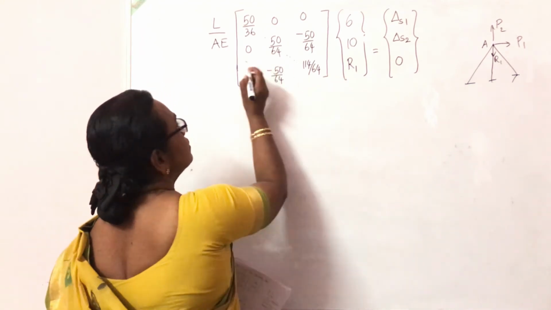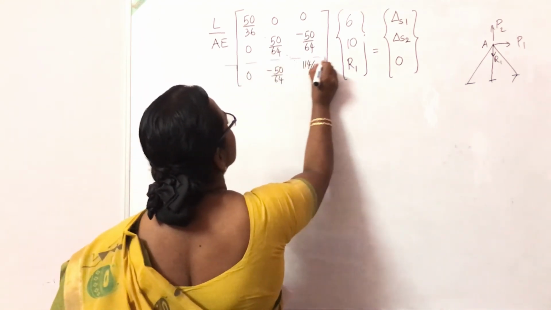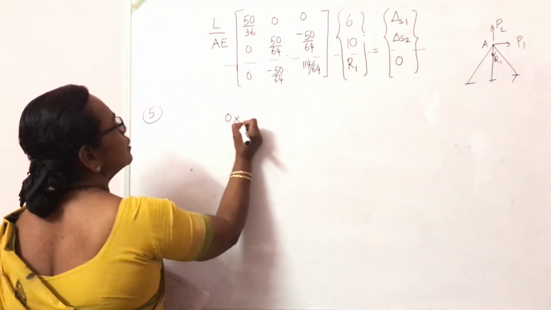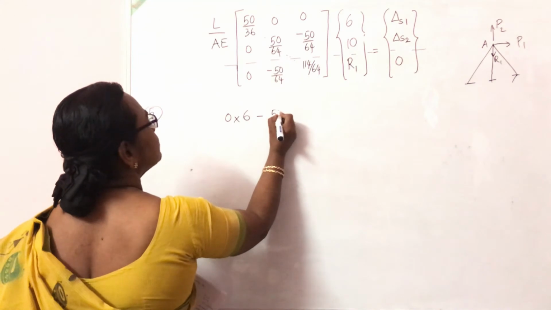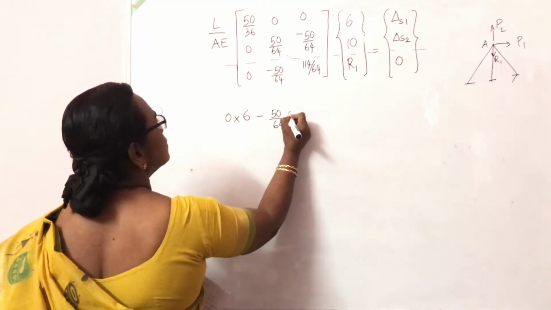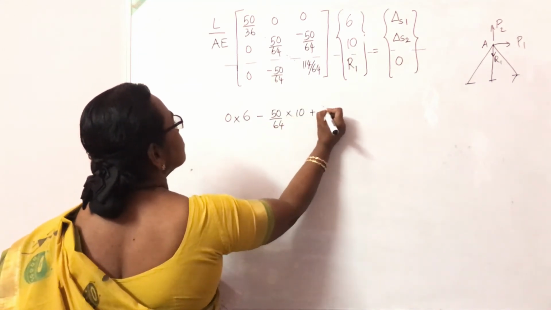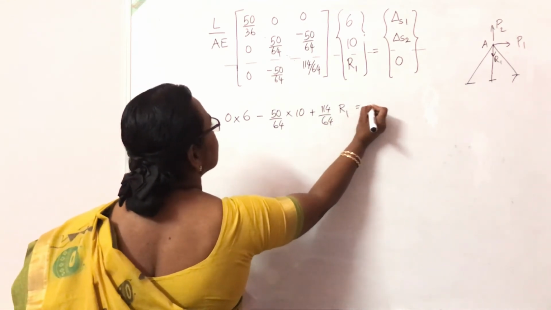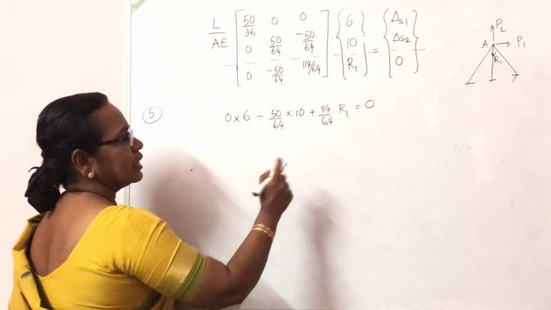Consider the third equation. Considering the third equation, 0 into 6 minus 50 by 64 into 10 plus 114 by 64 R1 is equal to 0. So solving this, I can get R1.